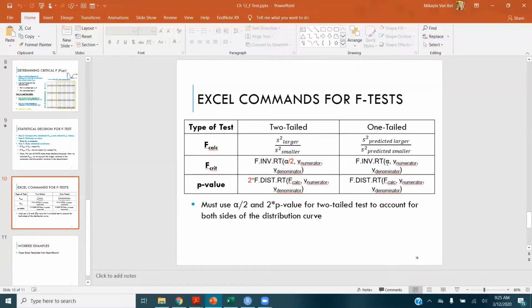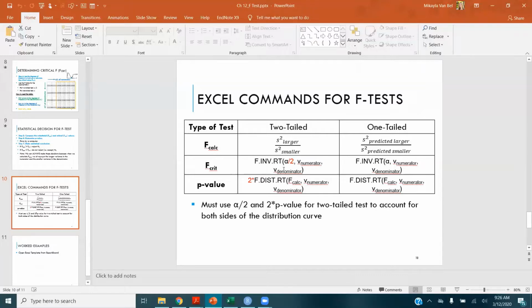For a one-tailed, we will just use alpha. Then we will use the degrees of freedom of the numerator and the degrees of freedom of the denominator. That's notated here with this V symbol. It's the Greek letter nu, and I will just say degrees of freedom, but know that's what that stands for.